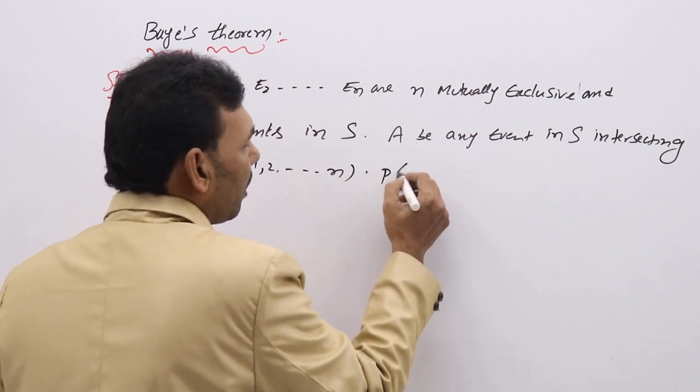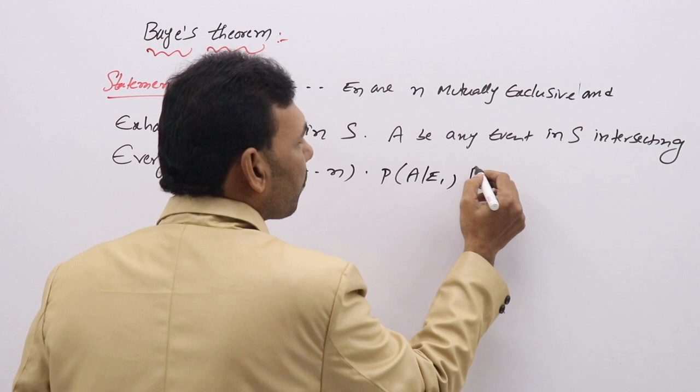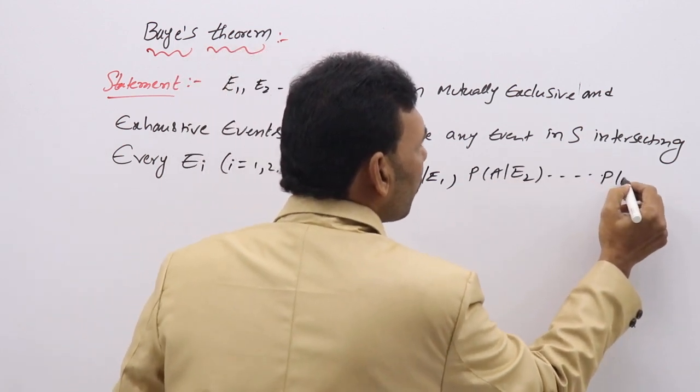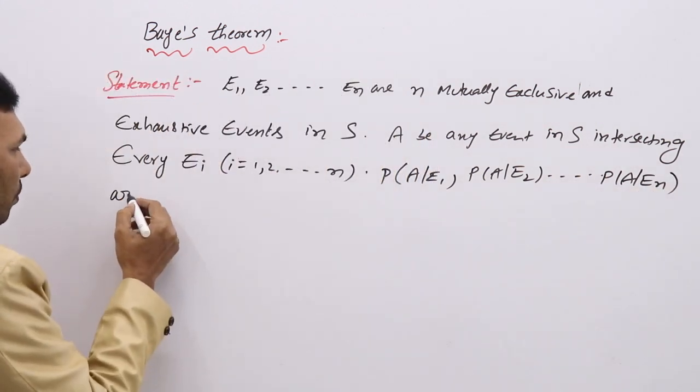And probability of A given E1, probability of A given E2, so on, probability of A given En are known.